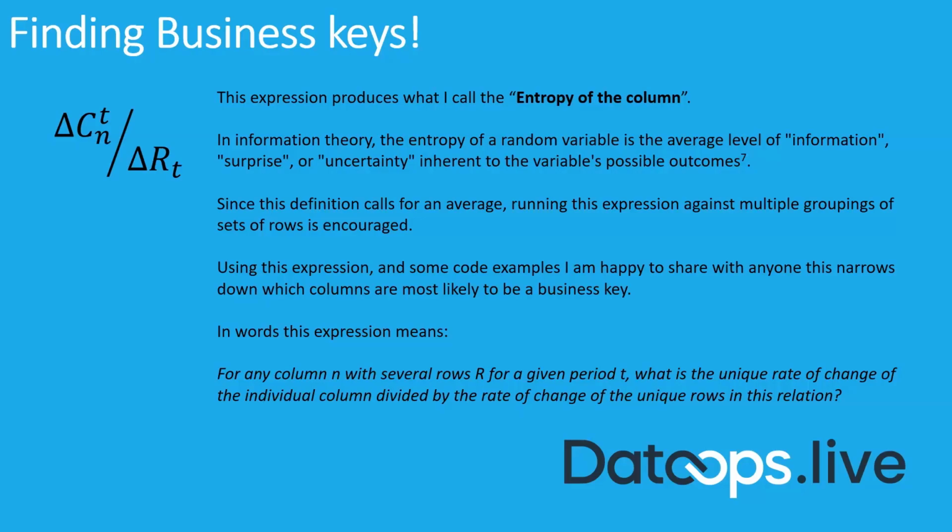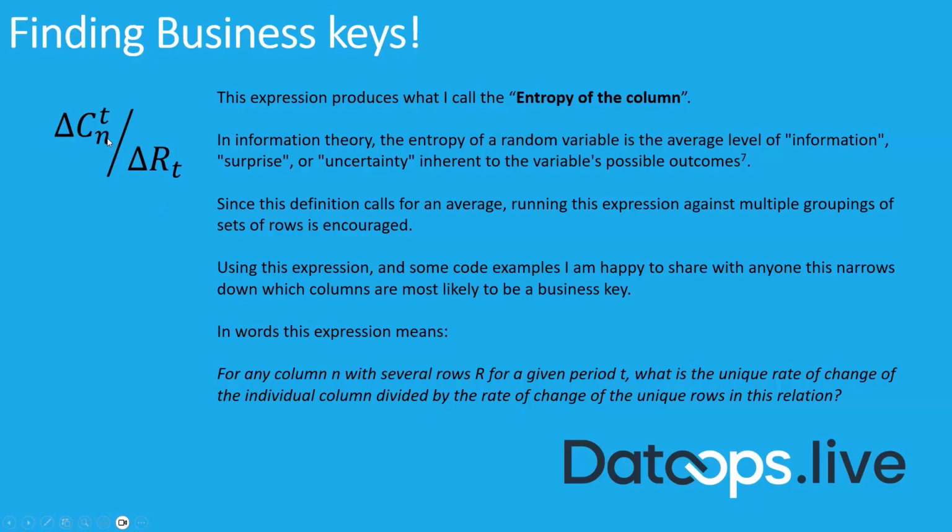Entropy, the entropy of any random variable, is the average level of information or uncertainty that you're going to get from whatever it is that you're looking at. So let me explain what this calculation is doing. I'll read the definition so I don't go too far off track.